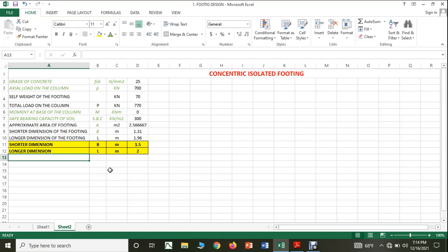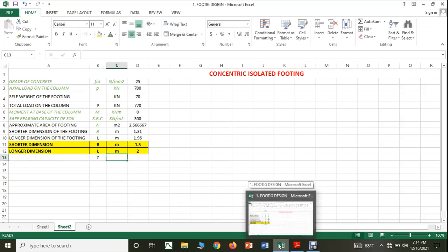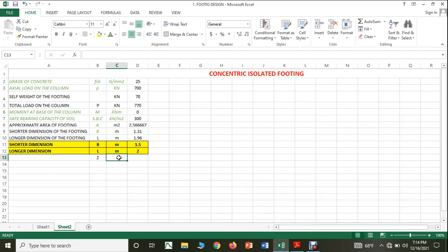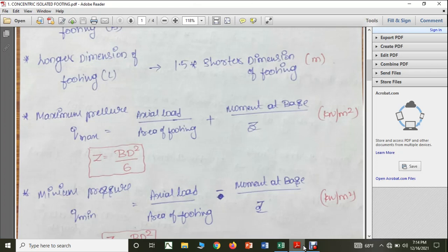So we will find out the value of Z here. Z, you will get the dimension in mm, it is in meter cube. Okay, it is m cube, right?